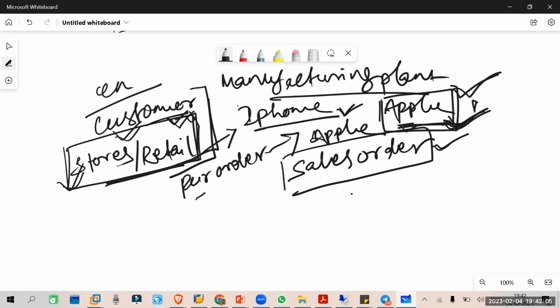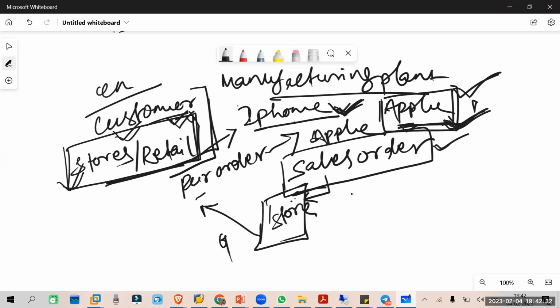From the sales order, the system or the people will look in the stores to see if any iPhone 14 is available right away. If that is available, directly you can do the goods issue, you can issue the material directly to the customer.